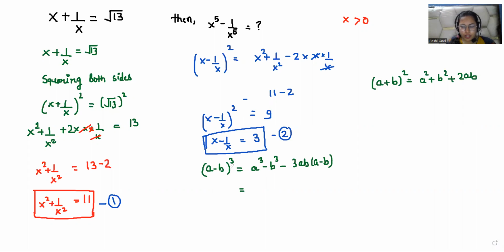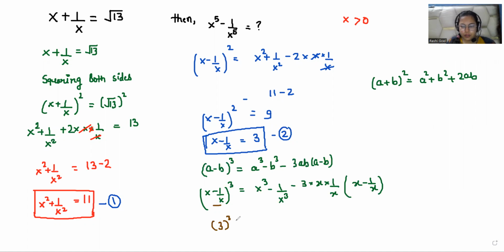So in place of a minus b whole cube, I can write x minus 1 over x whole cube is equal to x cube minus 1 over x cube minus 3 times x times 1 over x times x minus 1 over x. So in place of x minus 1 over x, with the help of equation number 2, I can write 3.